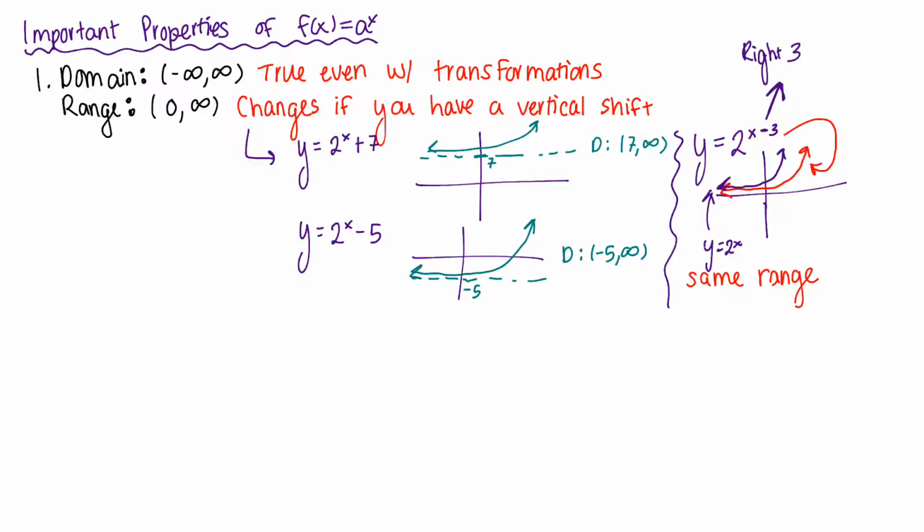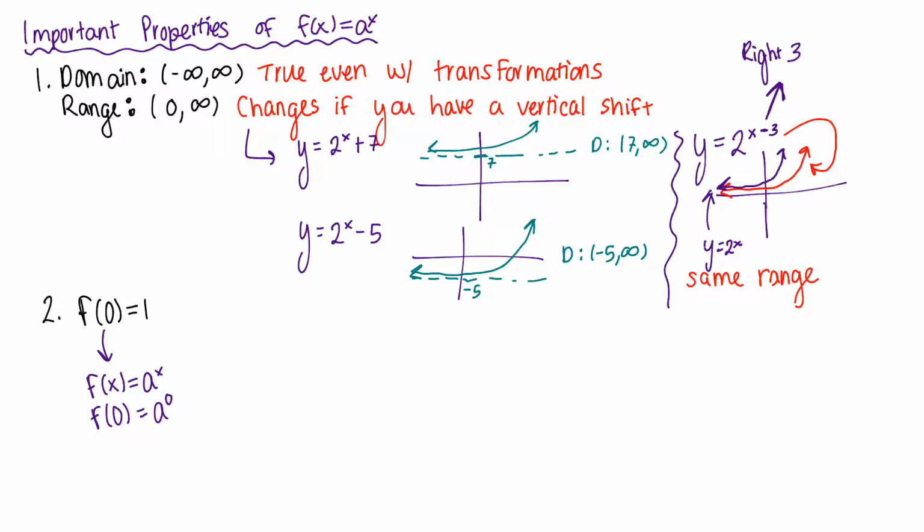All right, next thing. As long as we are talking about just a to the x, the basic exponential function, what is going to be true is f of 0 is going to be equal to 1. This is true no matter what the a value is. If I try this with f of x equals a to the x, plug in 0, I have a to the 0.